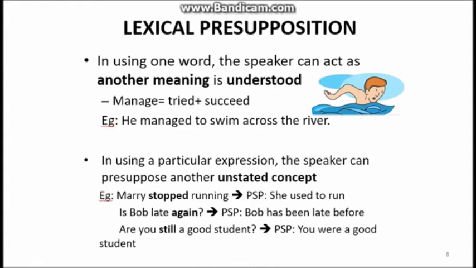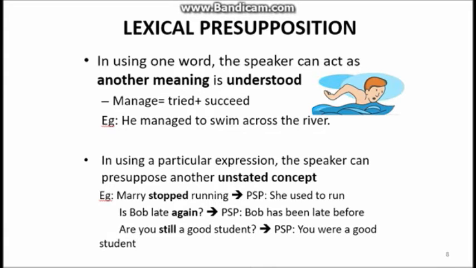The next one is lexical presupposition. In using one word, the speaker can act as another meaning is understood. So there are some words in English, for example, manage. We can associate manage with try and succeed. So an example is that he managed to swim across the river.